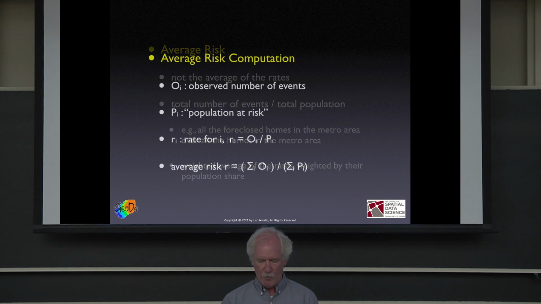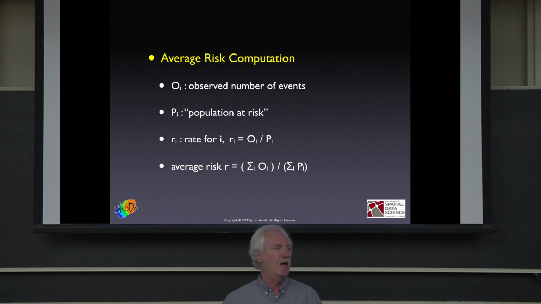So to do this a little more mathematically, let's say O_i are the number of events that we observe in unit i, and P_i is the population at risk in unit i. And then the crude rate or raw rate at i is simply the ratio of O_i over P_i, right?